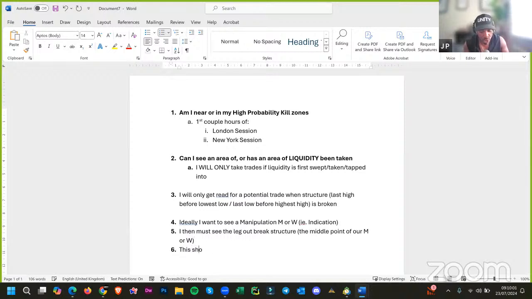This should cause some displacement, or better still, this should be done with strength and speed, causing displacement. I'm going to put all the other words: imbalance, fair value gap. Yeah?